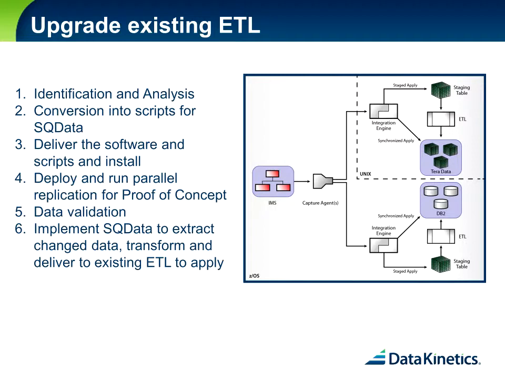So we go through a very similar process to the one I just described for the proof of concept for upgrading an existing ETL process. We're basically going to replicate that extract, transform, load that was done in the original case, but in this case we're going to be acting on change data. So we're going to capture the change data, put it through the same transform that the ETL would have done, and then load the data into the target database.